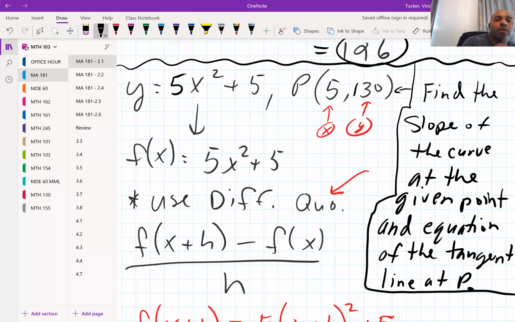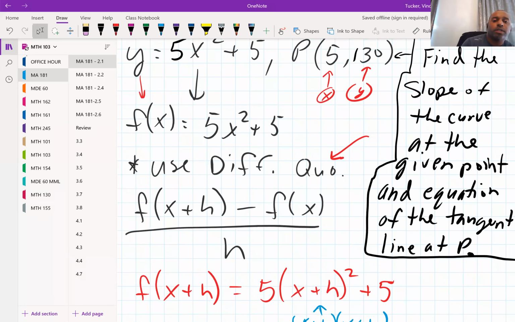And so all I was pointing out right here is that y and f of x are interchangeable. And we talked about that a few minutes ago. And our difference quotient is f of x plus h minus f of x over h. So they give us f of x, which is this right here.